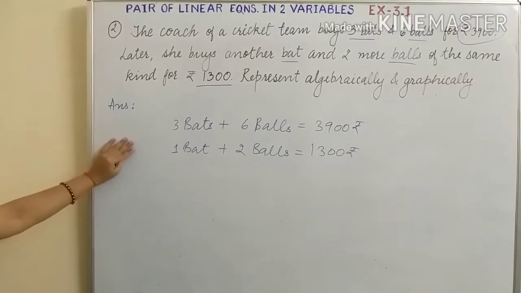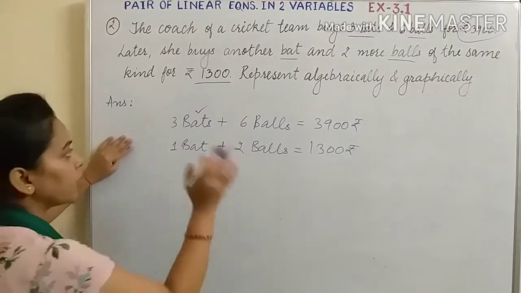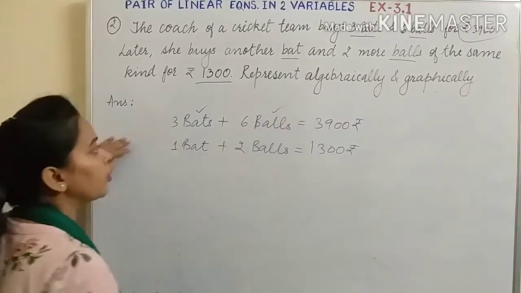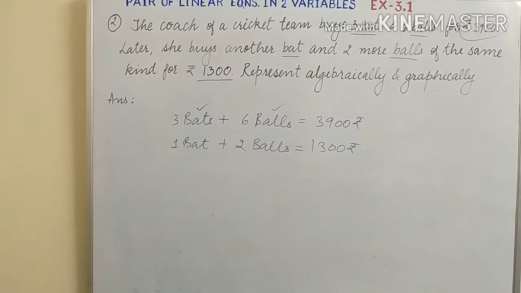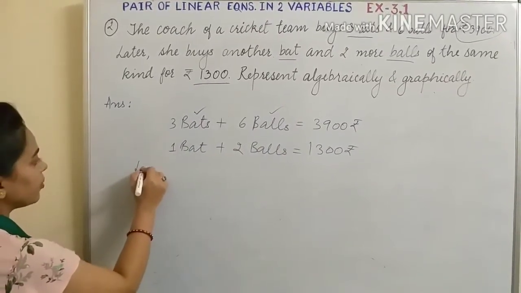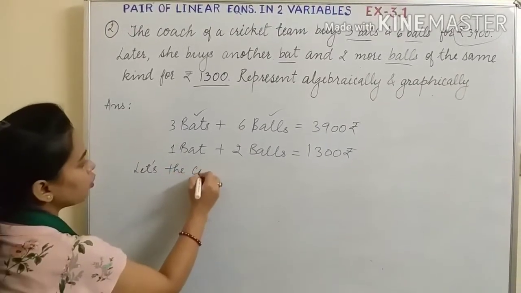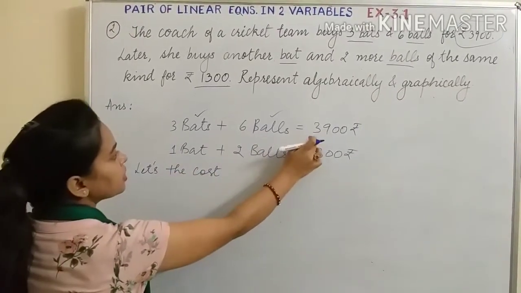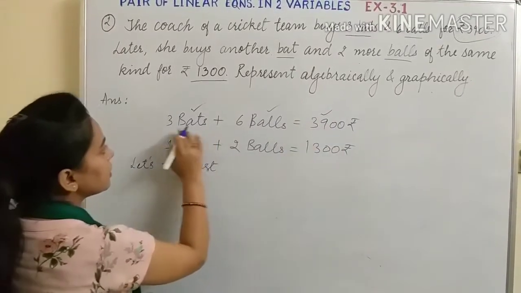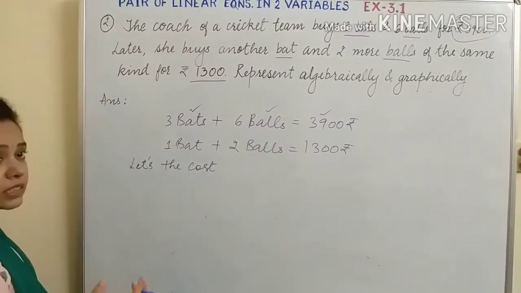Now simply what we have to do, we have to assume what we are going to take for bat and what we are going to take for ball. So let us start. This was just to explain to you. Now it starts from here. Let's take the cost, because here what is given is cost. These all are combining to give the total cost of 3 bats and 6 balls.